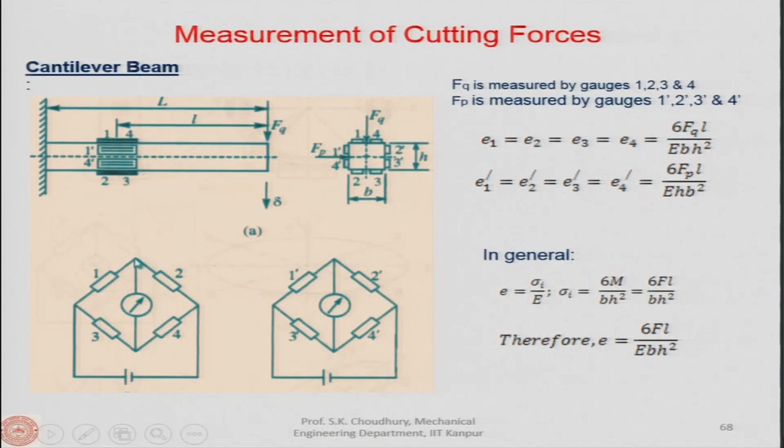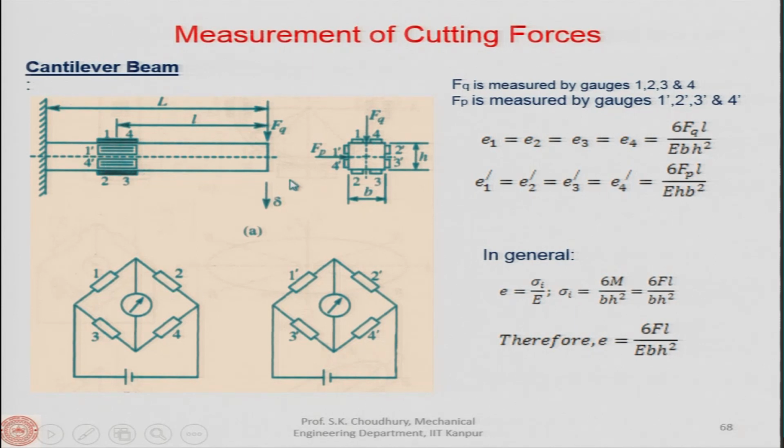Okay. Here for example, when you are measuring FQ, 1, 4, 2 and 3 only will sense the FQ. 1 prime, 2 prime, 3 prime and 4 prime will not sense anything, and vice versa. That is, when you are measuring the FP, 1, 2, 3 and 4 will not show anything.